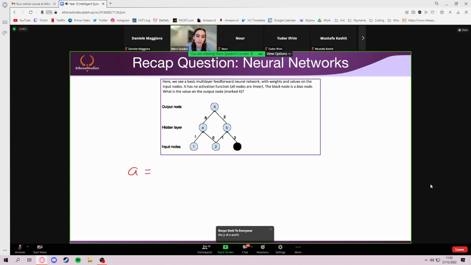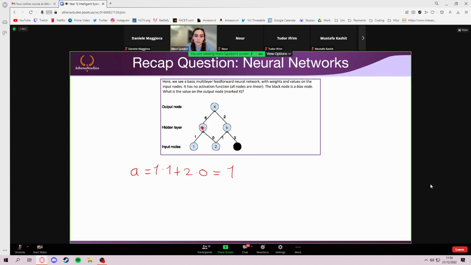So let's take A. What was the formula again? We take the value of its children and we multiply that by their edge weights. So for A, what do I need to sum up here? Exactly, we do 1 times 1 and 2 times 0. So that is 1. So here we can update the value.